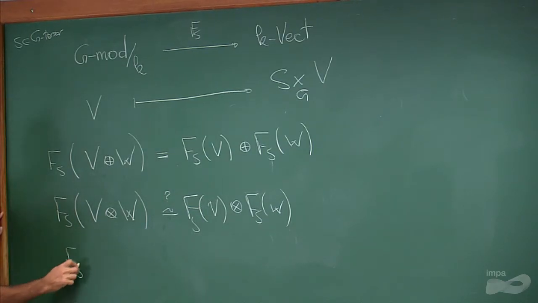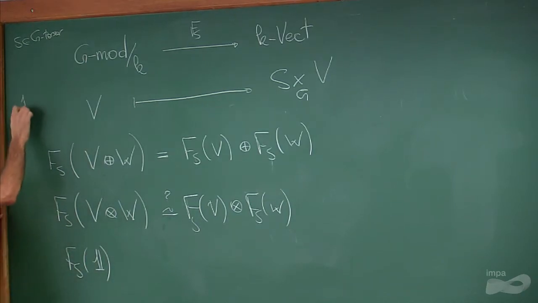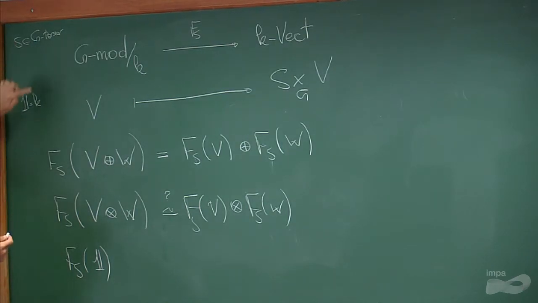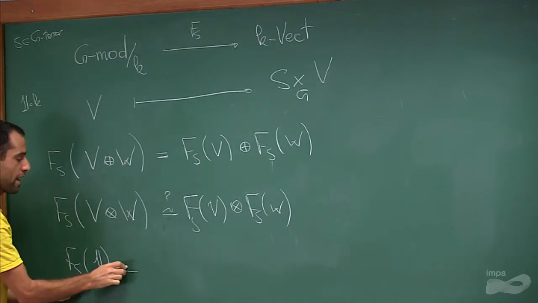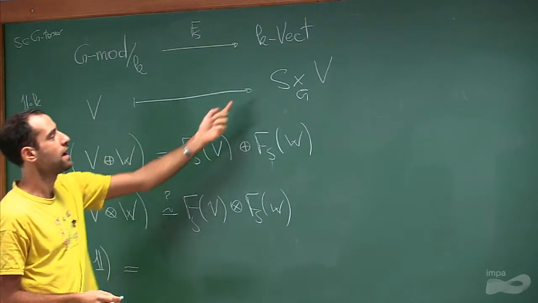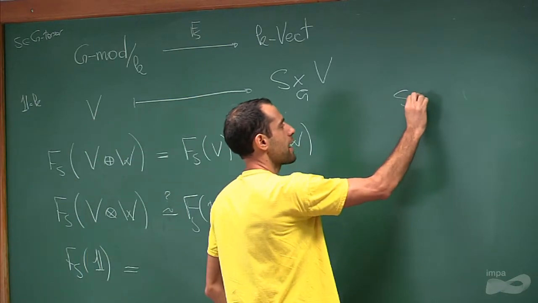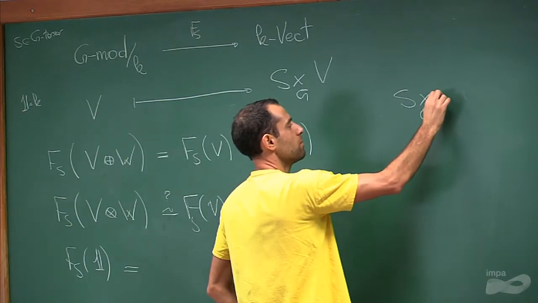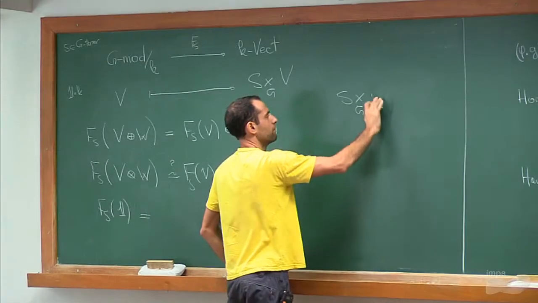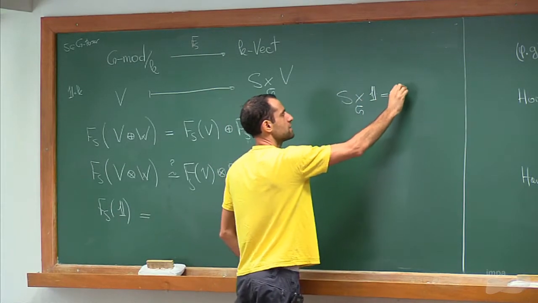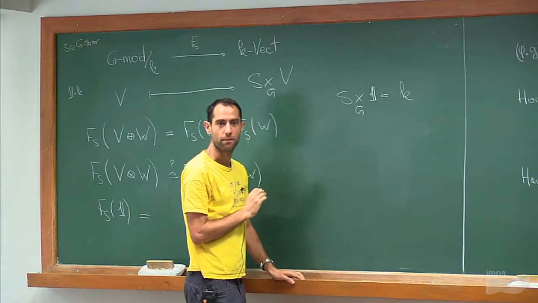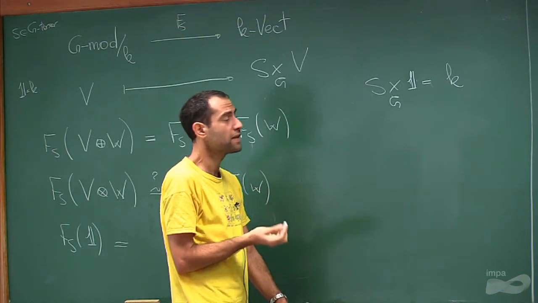But also this functor Fs of the unit, so the unit is the field K, and as a representation being the trivial representation, namely all of G goes to 1, to the identity here. And Fs of that unit is S tensor G with the unit, which is just K. I claim that this is just the trivial vector space K. And that's clear, right?